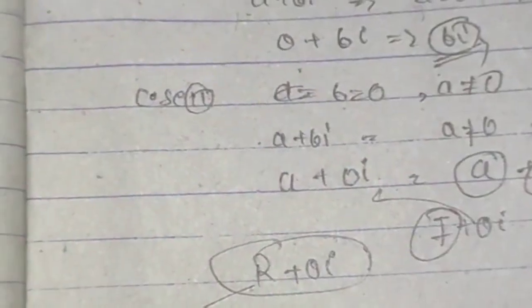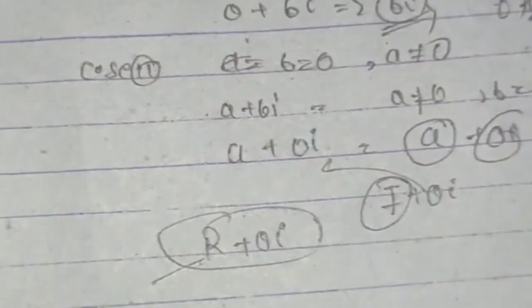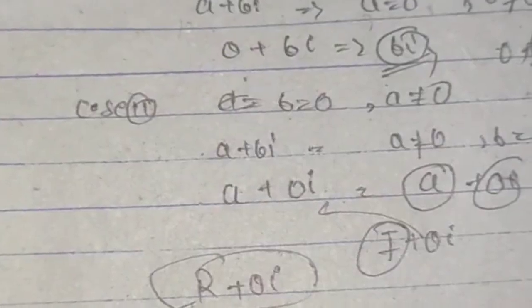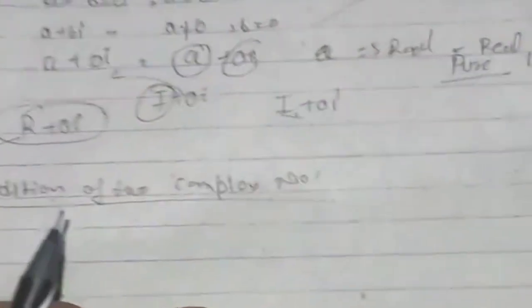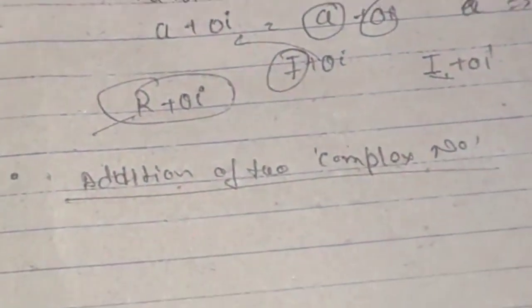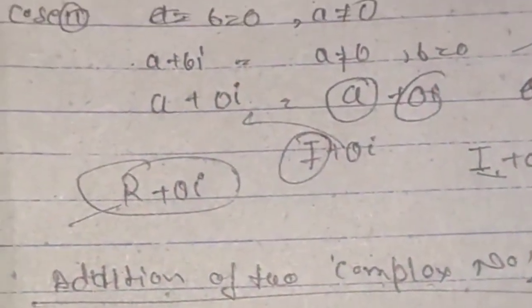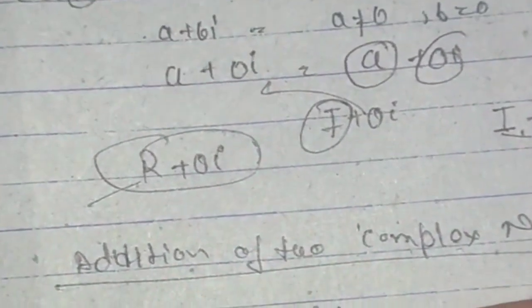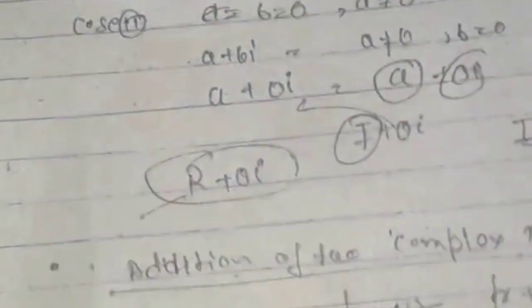Now we talk about the addition of two complex numbers. Once again, how do we add two complex numbers? Say we have a complex number 1, a plus bi, and another complex number 2, x plus yi.